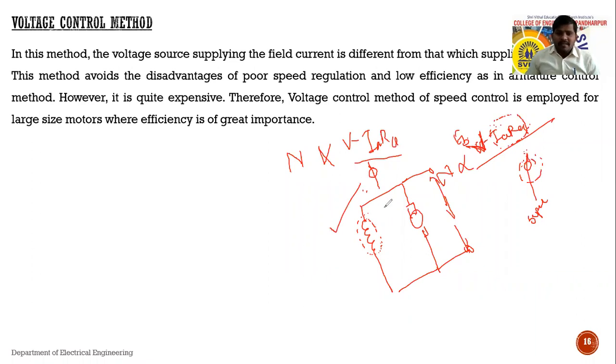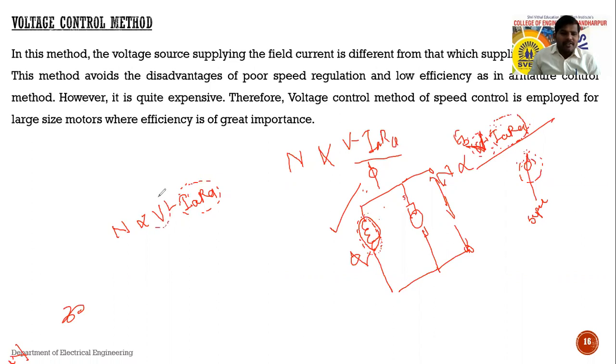That means if the supply voltage changes, there is no effect on the flux produced by the field winding. That means phi remains constant. So we are maintaining phi constant and changing only the supply voltage. So the speed equation becomes, when the flux phi is constant, N is directly proportional to V minus Ia Ra. Ia Ra is constant, that means no resistance is inserted in series with the field winding.